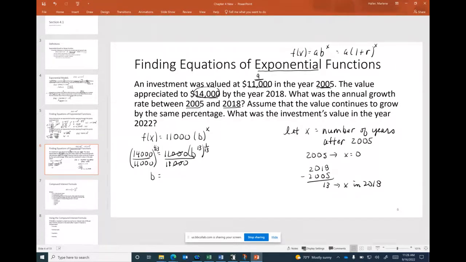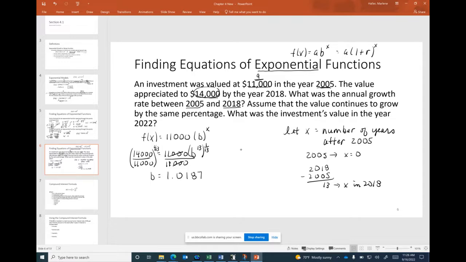14,000 divided by 11,000, okay, raised to the 1/13 power. And the answer here is 1.0, let's see, we'll do 4 decimals again, 187, if we carry 4 decimals. All right, so what is that telling us about the percentage growth here? This is our growth factor, 1.0187.